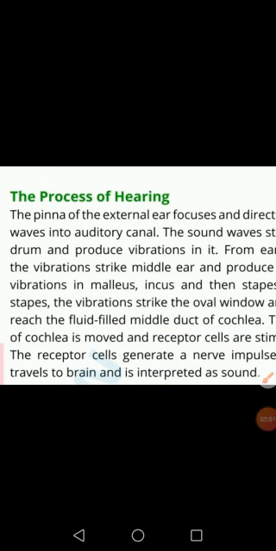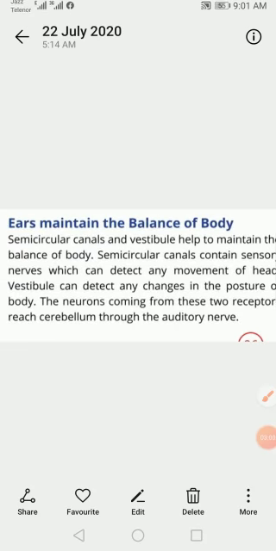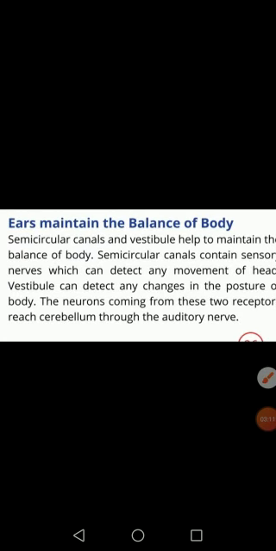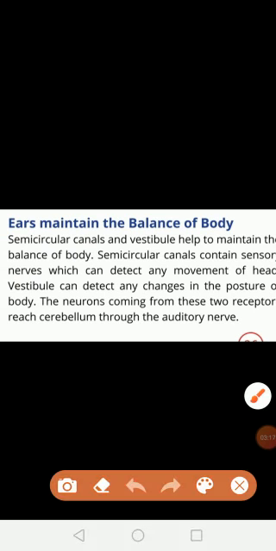This is the first basic function of the ear, and another function of the ear is that it maintains the balance of the body. How does it maintain the balance of the body? As you know, the ear has the semicircular canals and the vestibule, which are part of the inner ear. These parts are involved in maintaining the balance of the body.